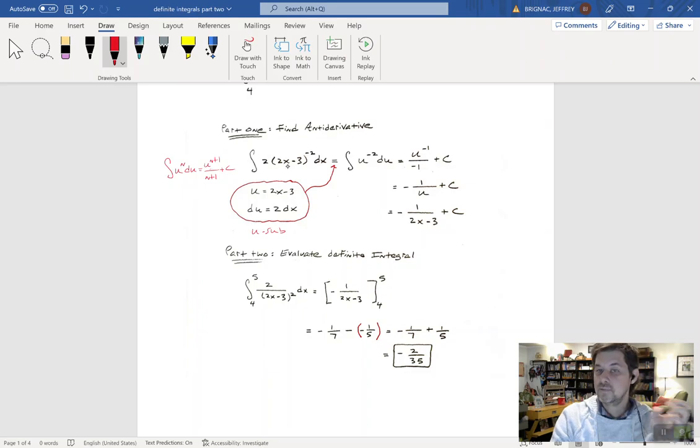That would take care of substituting the x. The dx is substituted differently. I take this equation, which is my substitution, and take the derivative of both sides. I get du equals the derivative of 2x minus 3, which is 2 dx. And notice that this part right here is u, and the 2 times the dx is du.